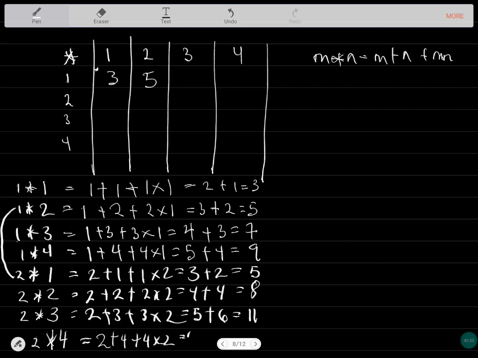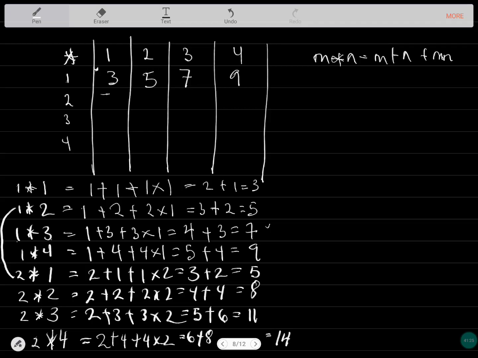And that will give us 6 plus 8, which will result to 14. So let's complete the table as we have solved so far. So this would be 7. 1 star 3 was supposed to be 7. Let's write that below. And 1 star 4 would give us 9.